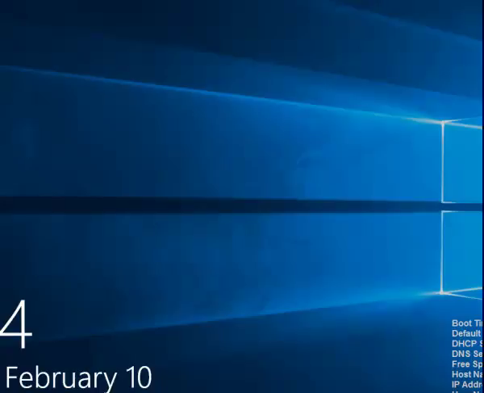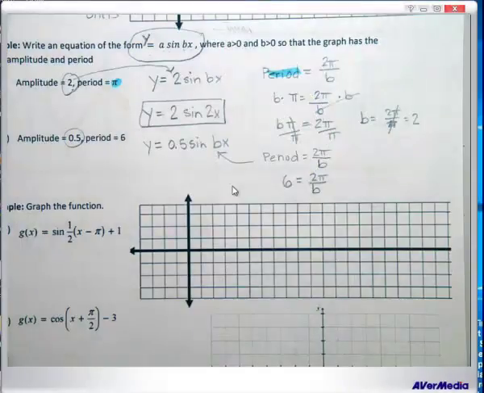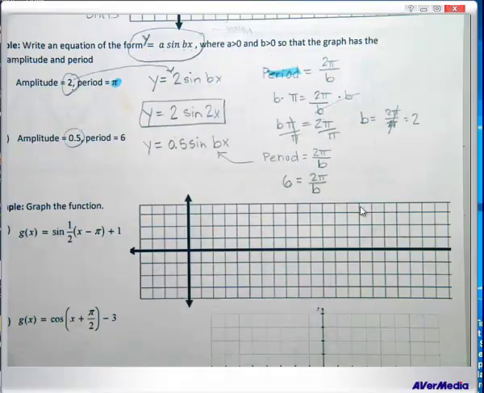So this is one where I think you actually do have to multiply. Multiply by the b to get it out of here.